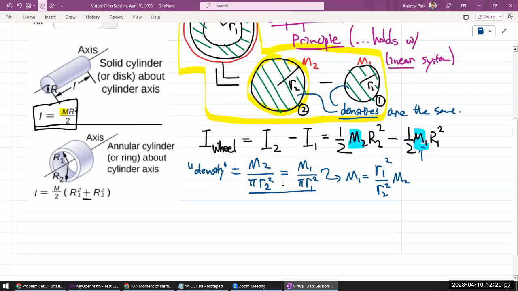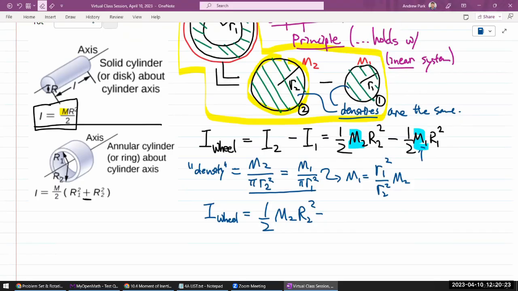Then I have an expression for the rotational inertia of the wheel of 1/2 m2 r2 squared, this one doesn't change, minus 1/2 m2 times r1 squared over r2 squared times r1 squared.